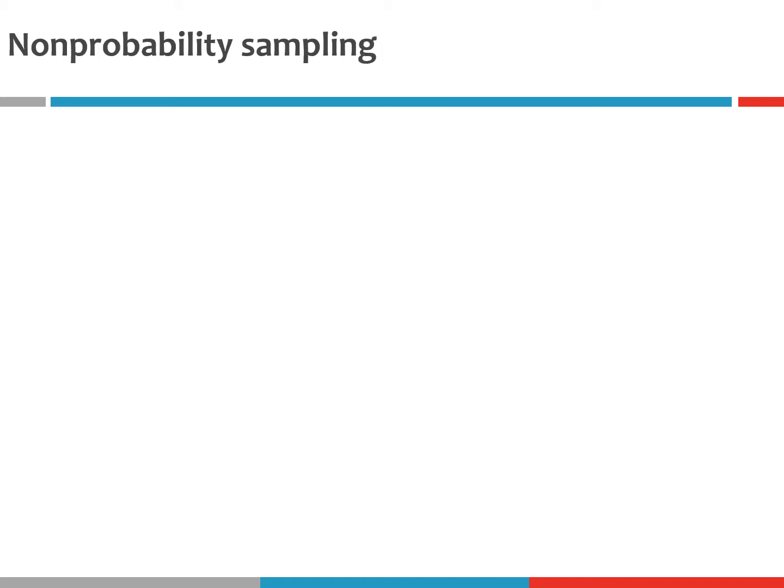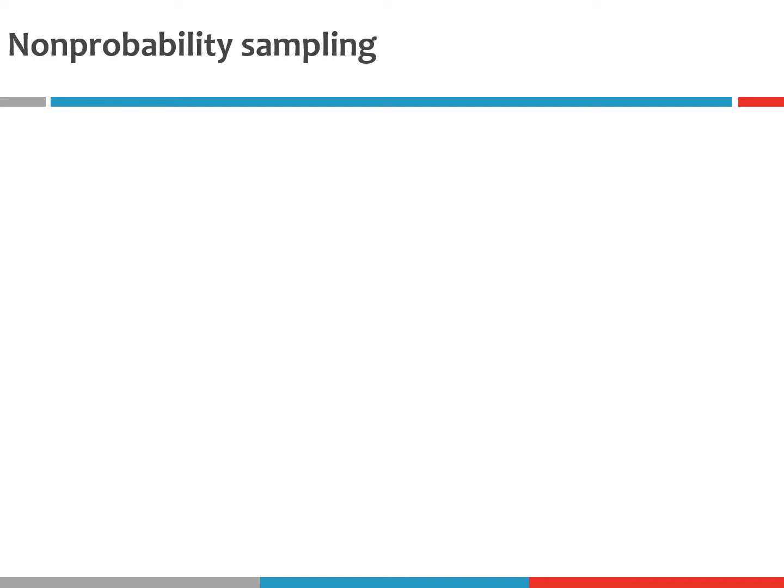So because we often can't uphold the assumption that our sample is representative of the population, particularly if that population is very large or we don't have access to everyone in the population, we often use different methods.